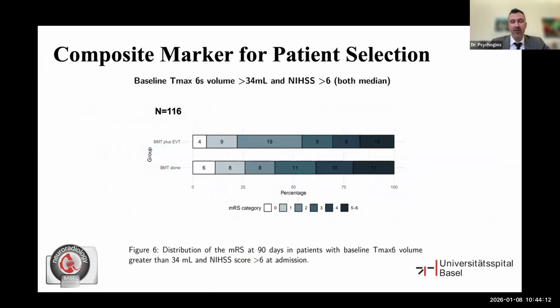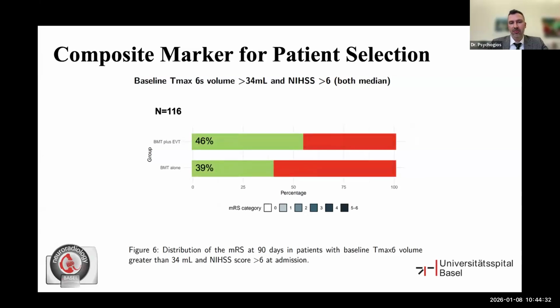One thing that I definitely understand as a plumber is that if we take this group of people with a Tmax 6 of over 34, which was the median in the DISTAL trial, and if you take the NIHSS of over 6, so actually what we try to do now in clinical practice, then you're having a difference in clinical outcomes of around 7%.